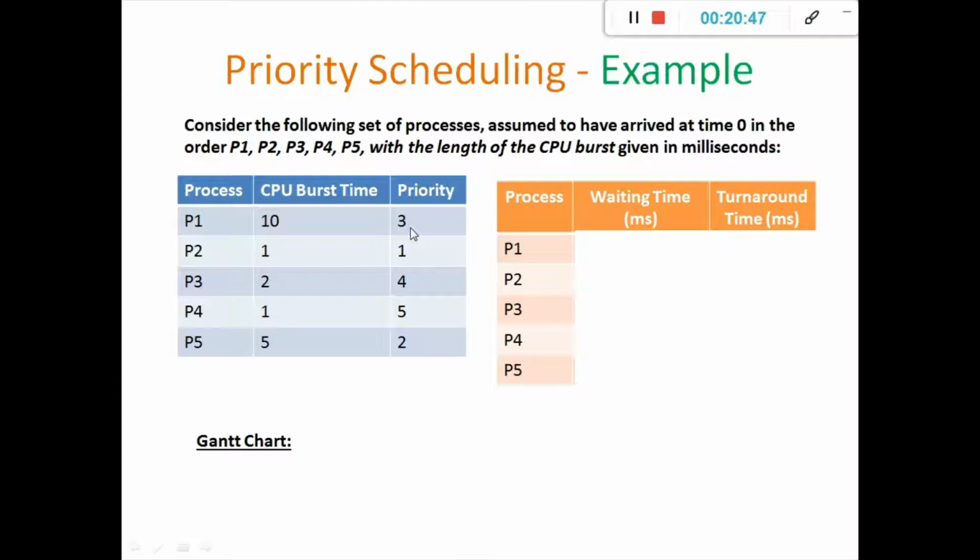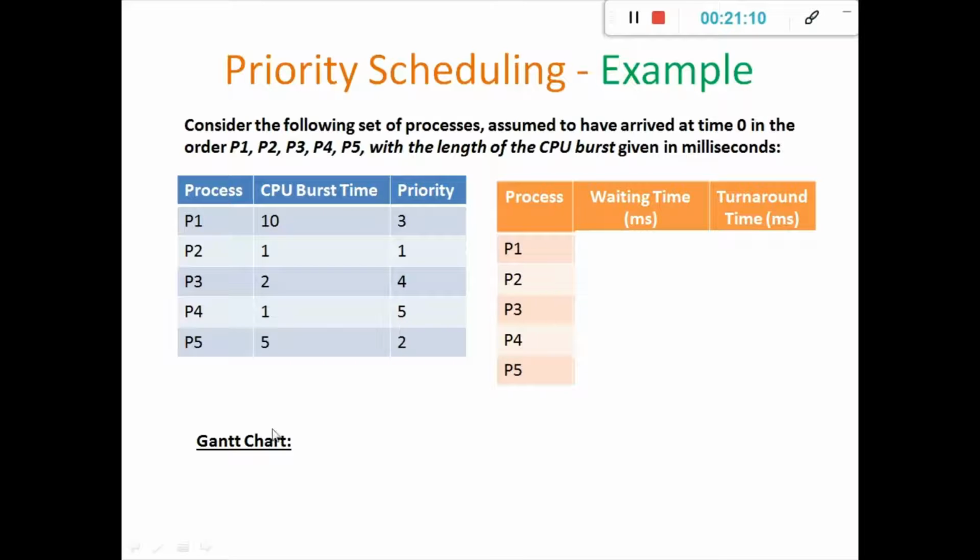Process P1 has priority 3, P2 has 1, P3 has priority 4, P4 has priority 5 and P5 has priority 2. If you look into these processes, P2 has the highest priority. Next to that you have P5, then after P5, P1 has the highest priority, then P3 and then P4.